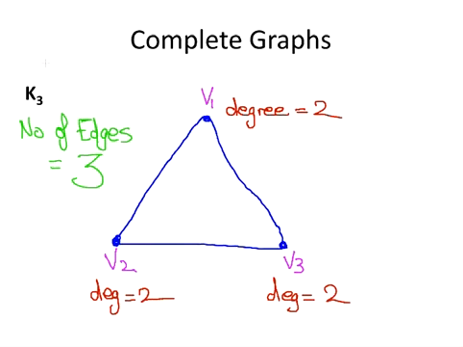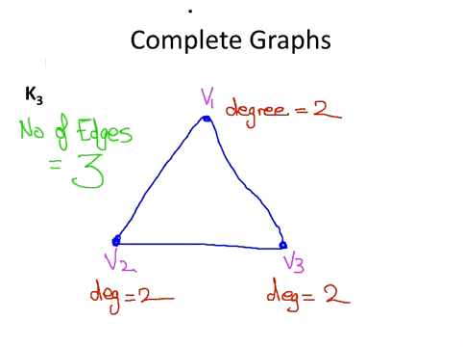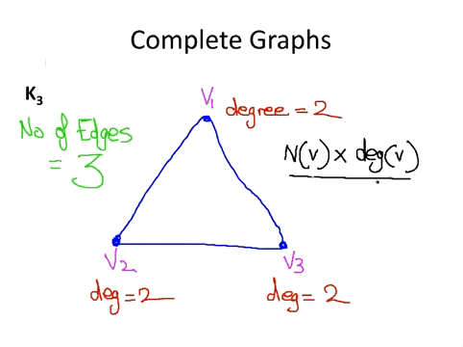What I propose is using the number of vertices, n of v, multiplied by the degree of each vertex, which is the same for each vertex, all over 2. Here we have 3 times 2 all over 2, and that gives us 3.